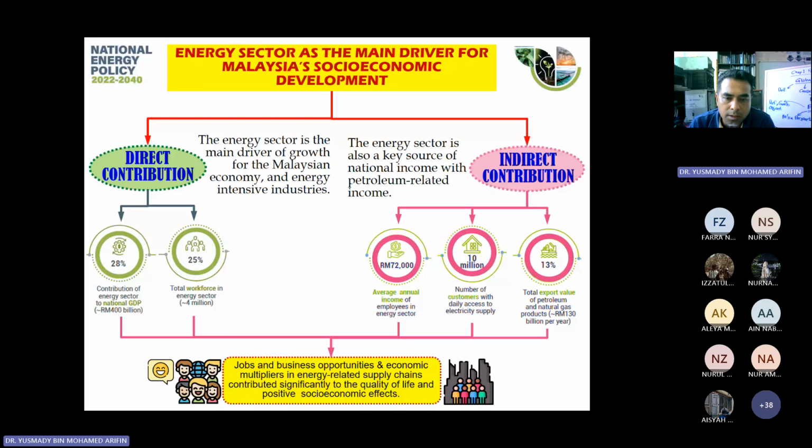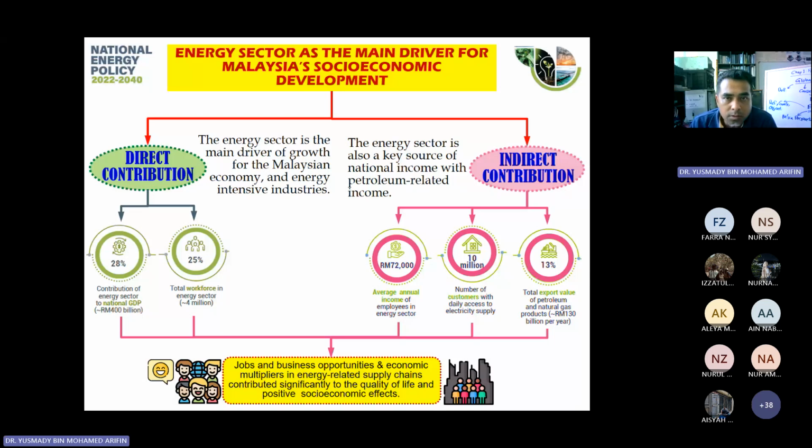So this is the relationship between energy sector development and socio-economic development, which is the focus of the National Energy Policy. So the outcome of the National Energy Policy is that we can increase job opportunities and business opportunities, and we can raise the country's economy by focusing on the energy sector.